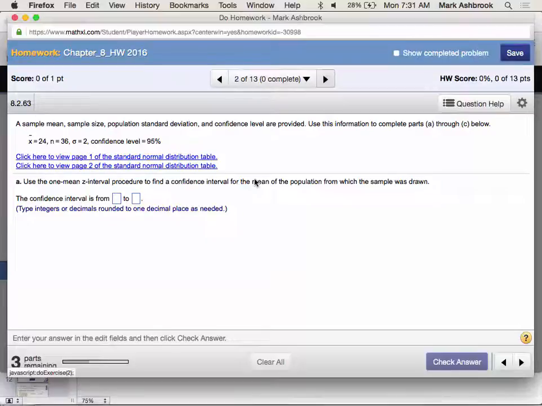So there's some population. We took a sample of size, what, 36? Let me make that bigger.